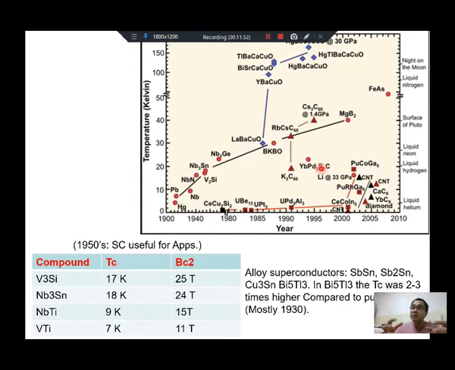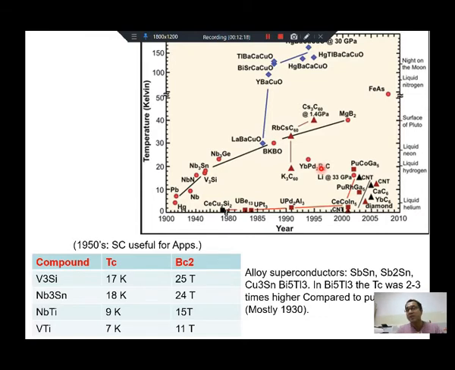And the fact that this pairing survives up to such high temperatures tells you that the pairing is very strong. Earlier it was believed that BCS theory cannot give rise to such strong pairing between the particles, and the pairing will break by around 4-5 Kelvin or so, that the thermal energies are typically of that order that they can actually lead to breaking of this phonon mediated coupling between these electrons.